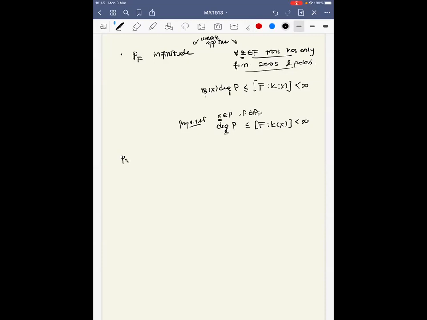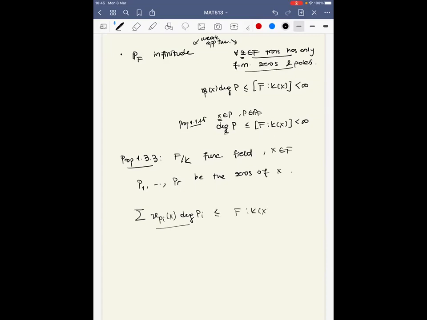More generally, we will see that in the given function field F over k, if we consider the set of zeros of a transcendental x, then this integer is bounded above by the extension degree of F over k(x), and this is finite.